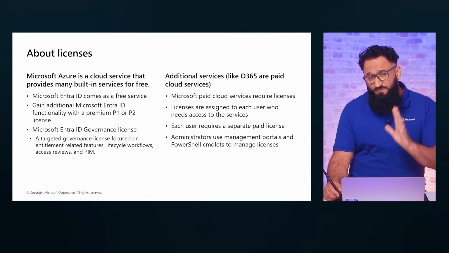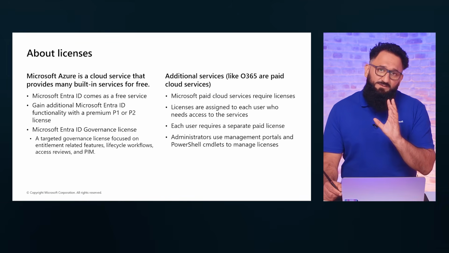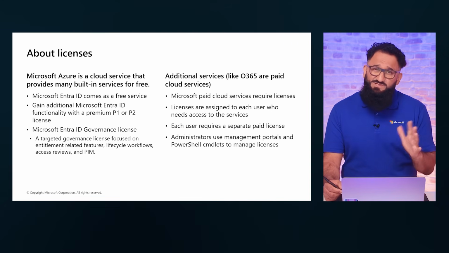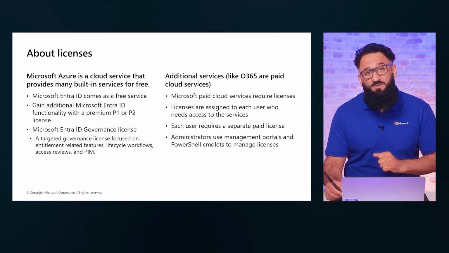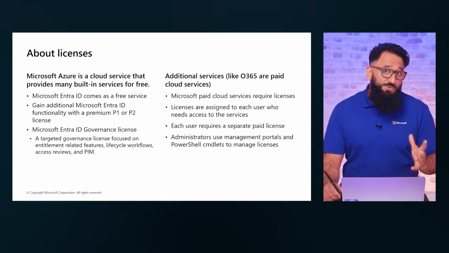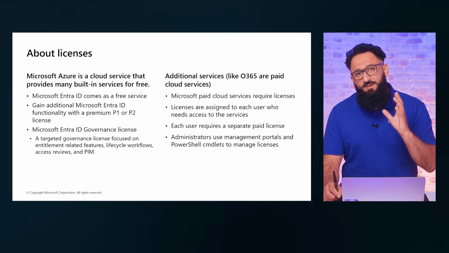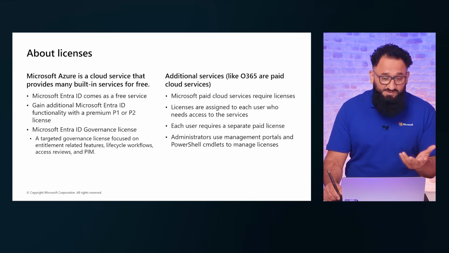Now, apart from all of that, your users could also be looking at getting various different types of licenses. And in this session, we are not covering the whole depth of all different types of licenses that could be available. But just as a quick overview, you could look at assigning users M365 versions of licenses.